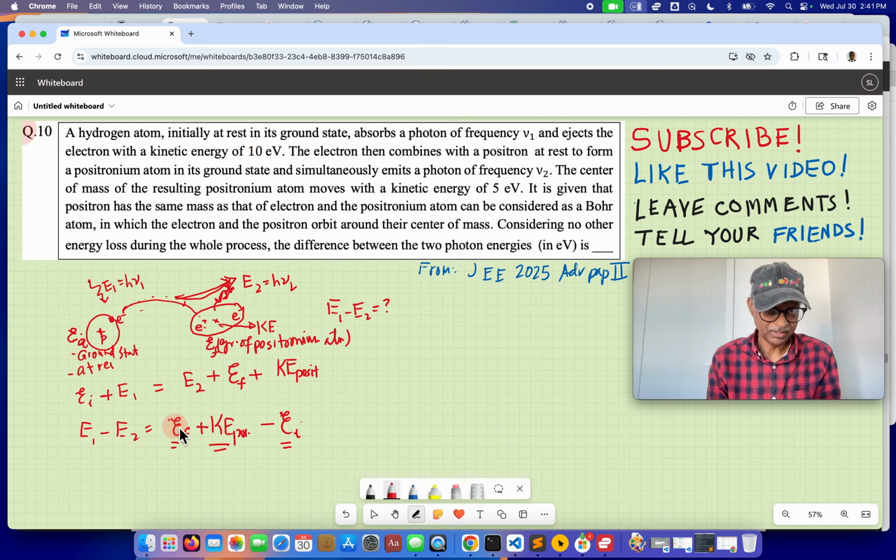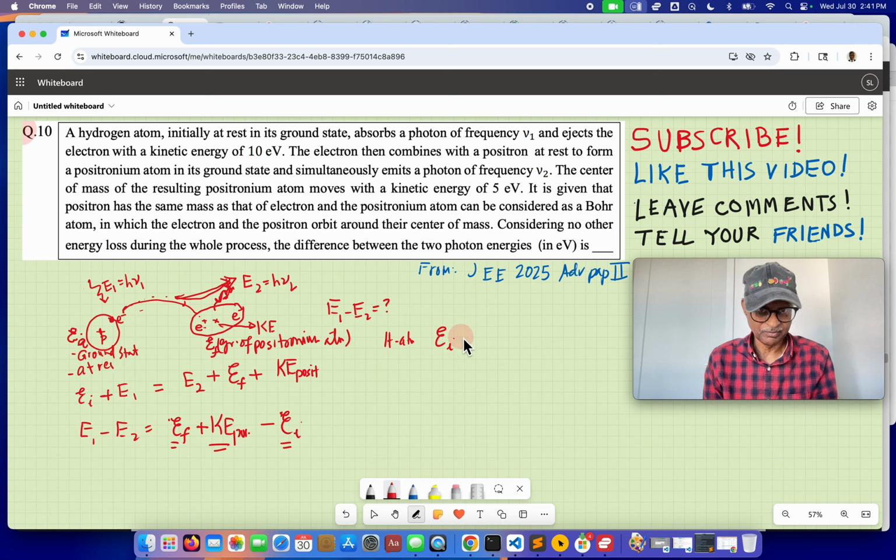So the main question is, do we know the values of these? This is the hydrogen atom, and it basically has an electron and a proton, and this is equal to minus 13.6 eV or so.